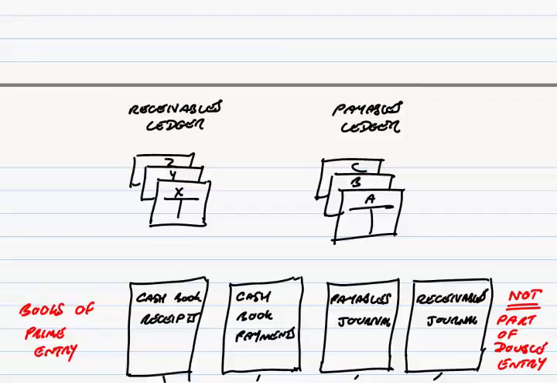Now the information will come from the books of prime entry. So receivables, we find out what we've sold from the receivables journal. We find out what we've received from the cash book. And the payables, we find out what we've bought from the payables journal. We find out what we've paid from the cash book.